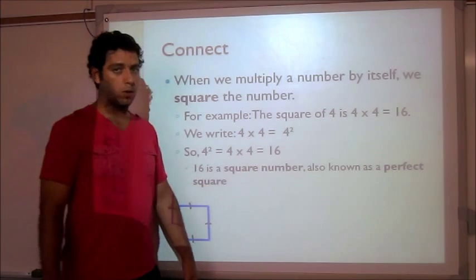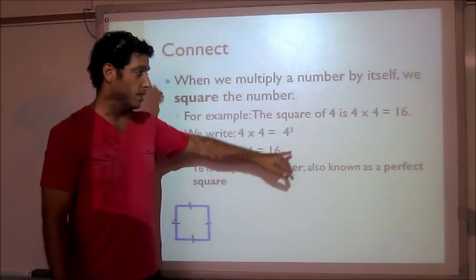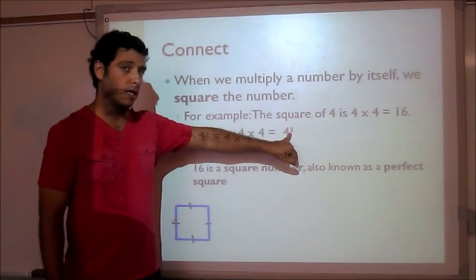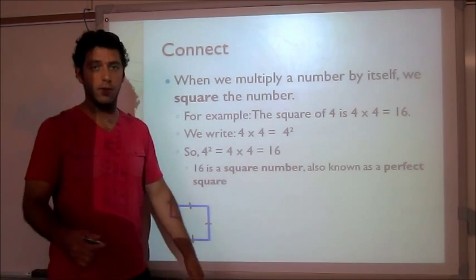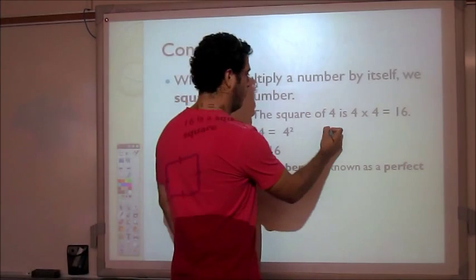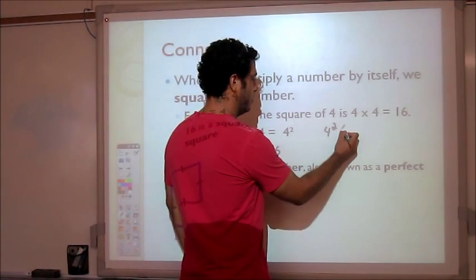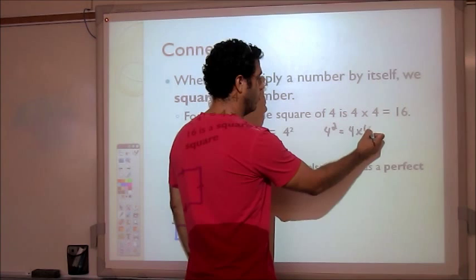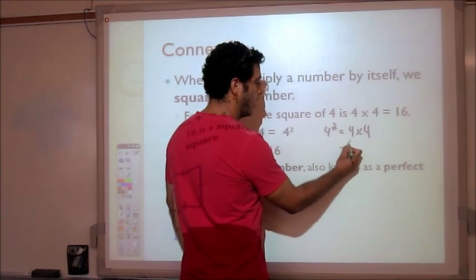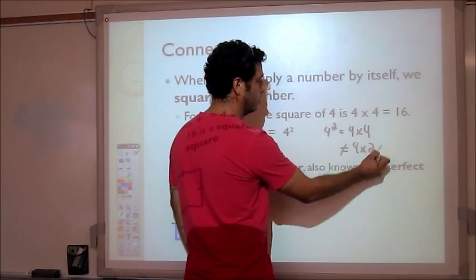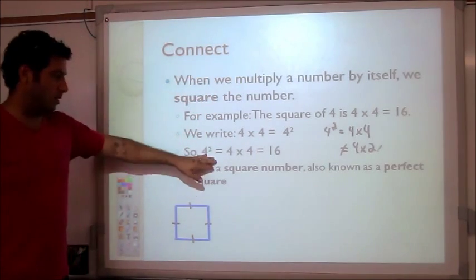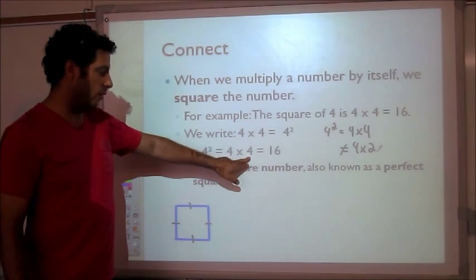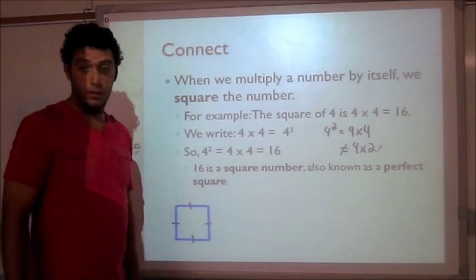And it's really important that we remember we're multiplying it by itself here, okay? It doesn't mean to multiply by 2. That's actually a very common mistake. 4 squared is equal to 4 times 4 and not 4 times 2. Okay? So 4 squared is equal to 4 times 4, which is 16.